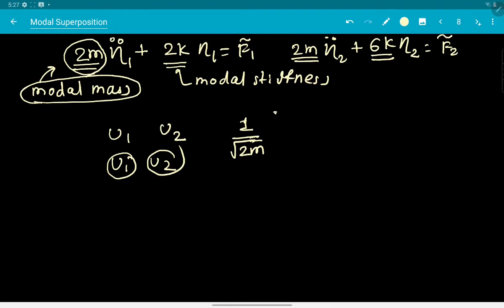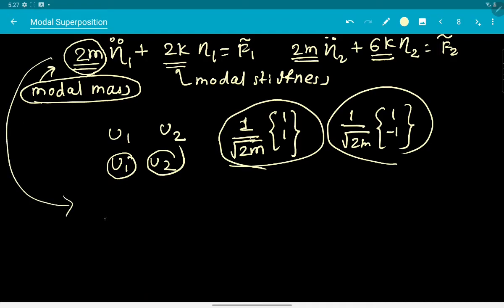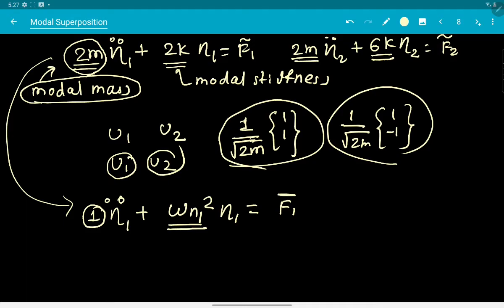If you take this as your first mode shape, and the second mode shape will also be this one, then you will see that you transform the same set into this one, eta 1 double dot. In that case it will be omega n1 square. This becomes 1, this becomes exactly equal to the first natural frequency, and here you get eta 1, and it will be f1 bar.